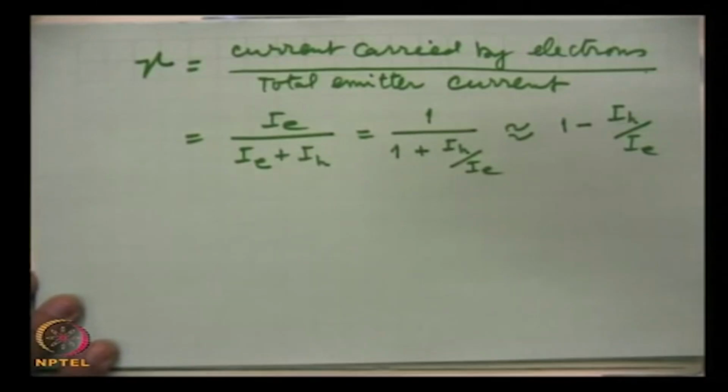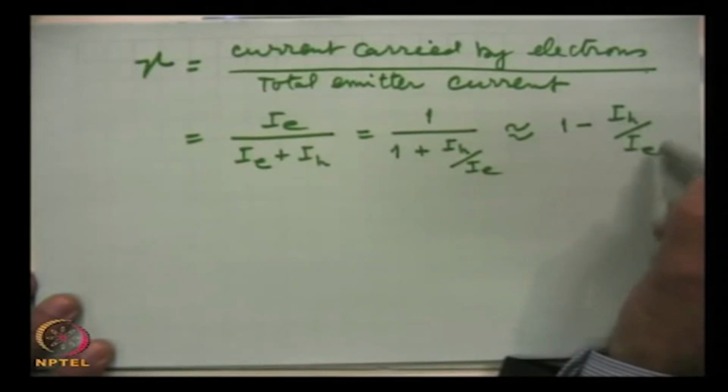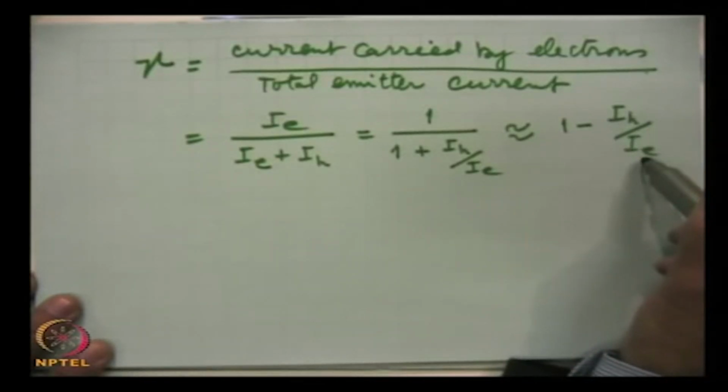So, obviously, this factor Ih by Ie, that means the current carried by holes, should be less and the current carried by electrons should be high.